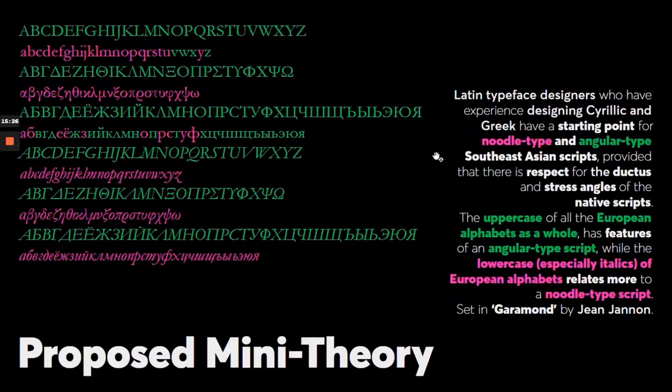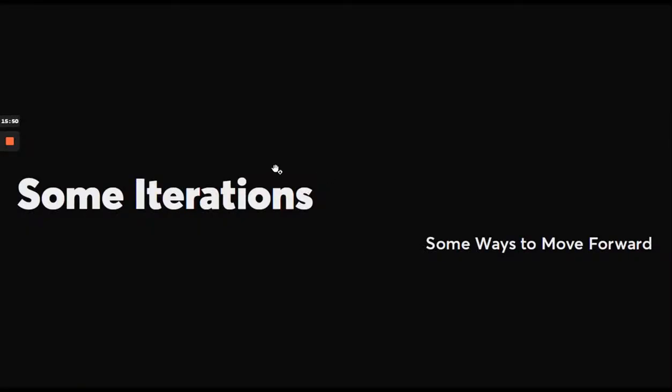So, for Latin typeface designers, if you get to design Cyrillic and Greek, you actually have a starting point for noodle and angular type Southeast Asian scripts. All you need to do is to learn how to respect the ductus of the local scripts. So in here, there are certain ways to iterate.